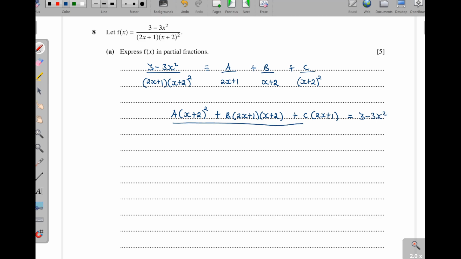Because this one has the same denominator here, which I can just duplicate and put here, and also this one is just like that. You see that? Now they have the same common denominator. So that means the numerators are also going to be the same. So that's why after multiplying these, we just equate to the numerator.